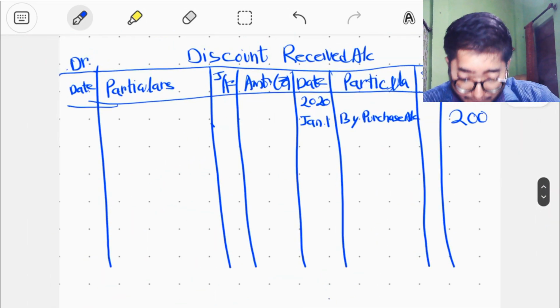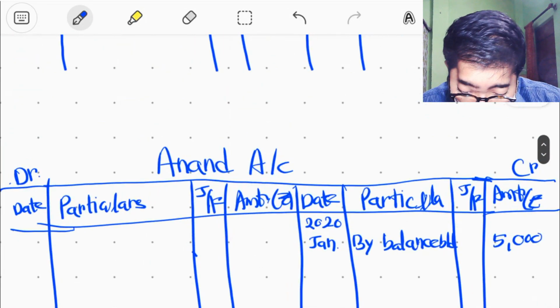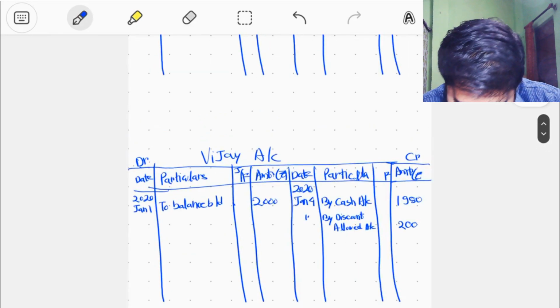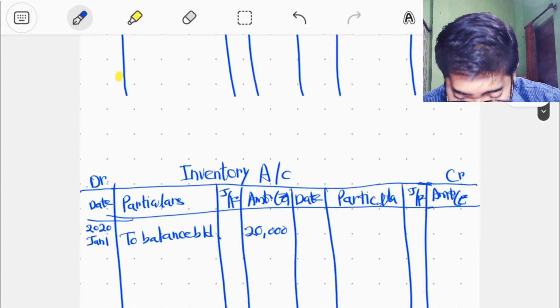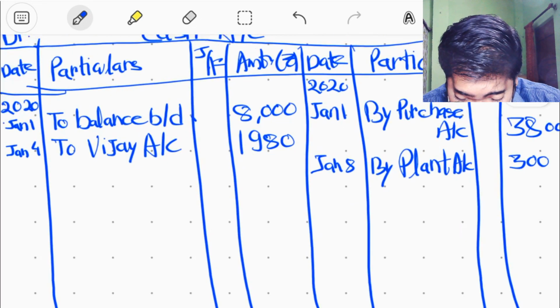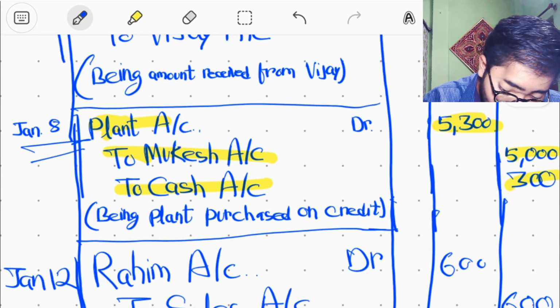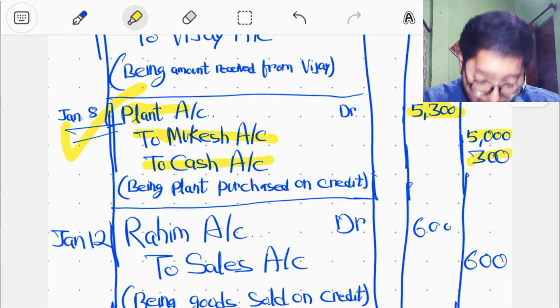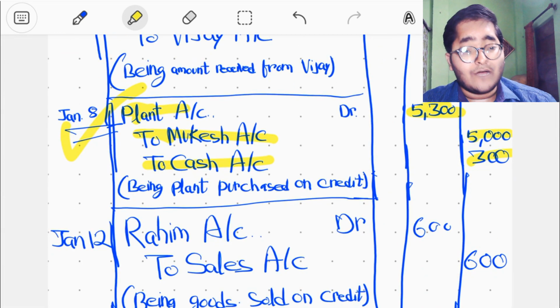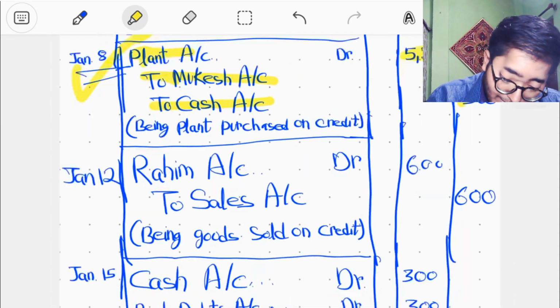Cash account was affected by rupees 300 and Mukesh account is affected by rupees 5,000. The cost of the machinery plant, the cost of the plant. So this account is also complete. Plant account affected, Mukesh account affected, cash account affected.